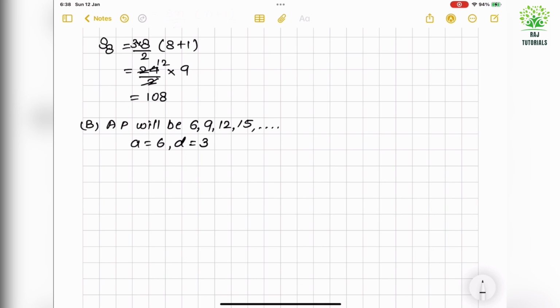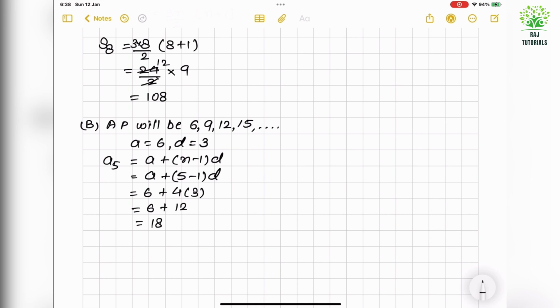So he has asked me A5. So A5 will be A plus (n minus 1)D. So A5 will be A plus (5 minus 1) into D. So A is 6 plus 4 into 3. So 6 plus 12. So 18 jars will be there in that.